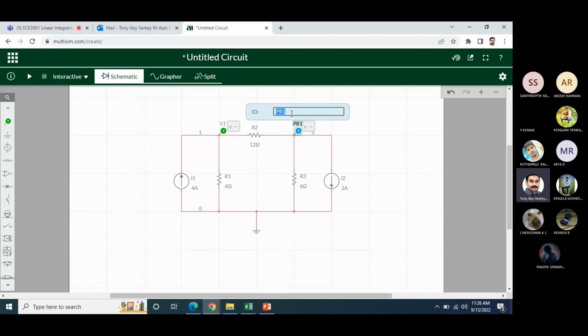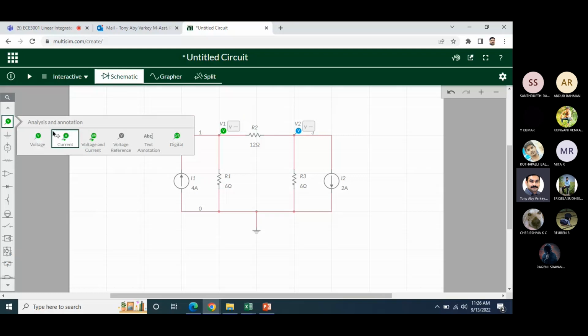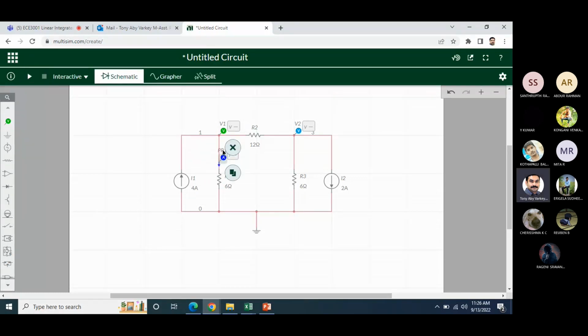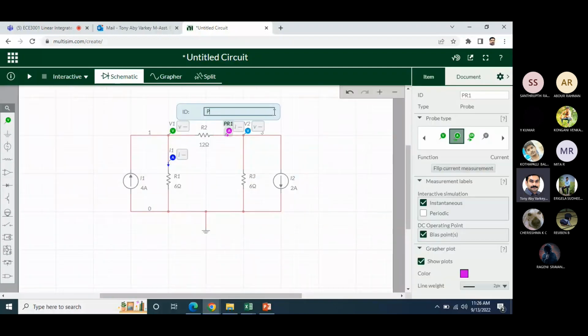Okay, now if I want to measure current also, I will take this. This one is my current probe. I will place it on the branch. So this is I1. Next current, this is I2. Okay, I will change the name to I2.